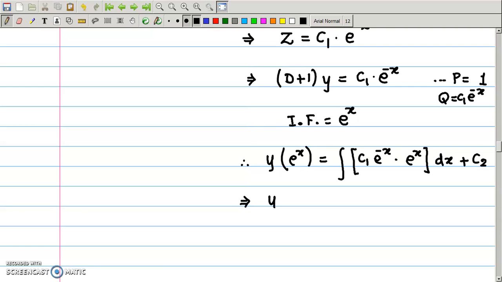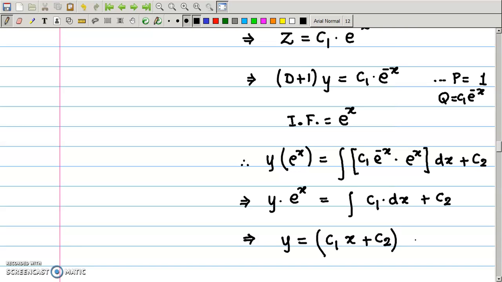So this implies y into e raised to x equal to the integration of c1 with respect to x plus c2. If you evaluate that integration, then the value for y is equal to (c1 x plus c2) into e raised to minus x.